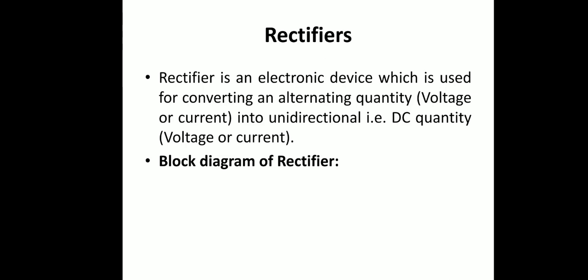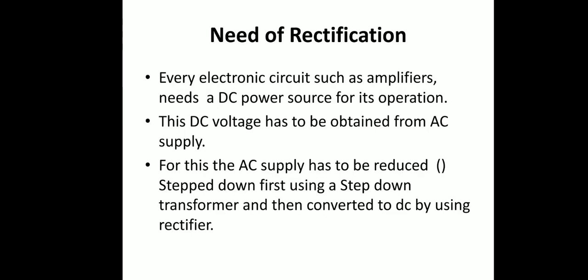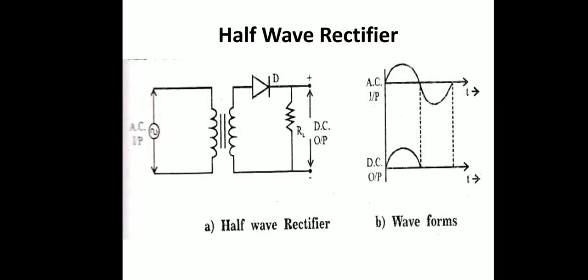As a result of this, the free electrons in the N-type semiconductor start moving from N side to P side. You can refer to this diagram for this working principle.